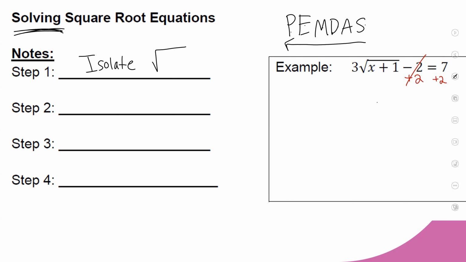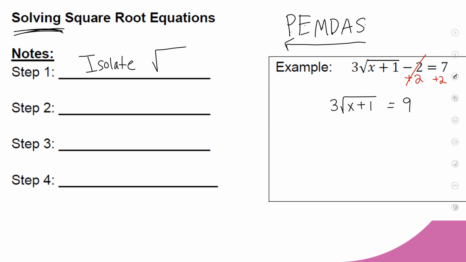So everyone go ahead and do that. Let's write down what we have left over. We have left 3 square root x plus 1 equals 7 plus 2, 9. Okay. We're not quite done isolating. We need to get rid of that 3. Now that 3 is being multiplied. So how do I get rid of it?